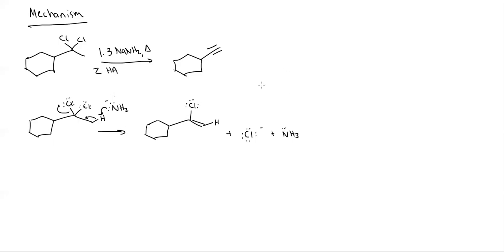No difference. So NH2 is going to come in and it's going to take that hydrogen and it's just going to form another double bond, or another pi bond, excuse me, which is going to make a triple bond. And then I'm done. Form this, and I also get Cl minus and NH3.